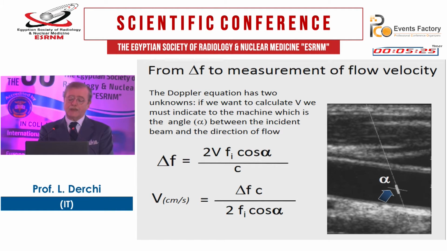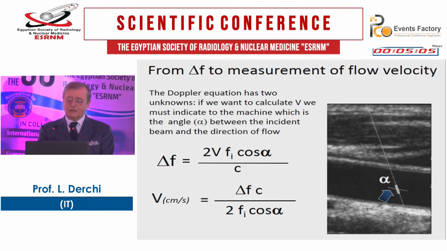Then we have to provide this kind of information through Doppler angle adjustment to the machine in order to make the equation from two unknowns into one unknown, and then it can be measurable.